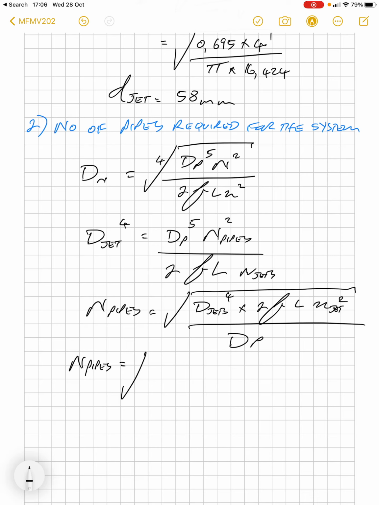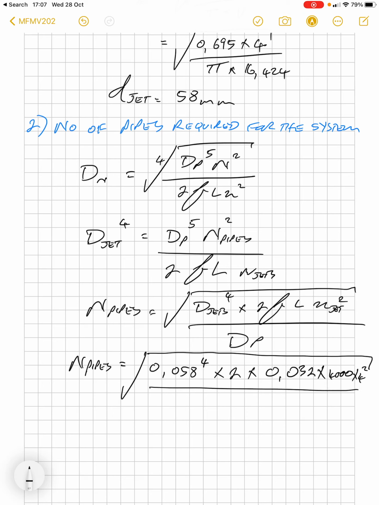Right, let's substitute into that formula. 0.058 to the power of 4 times 2 times 0.032 times 4,000 and 4 squared over 0.406 to the power of 5, and number of pipes will then equal 2.04, say 2 pipes.